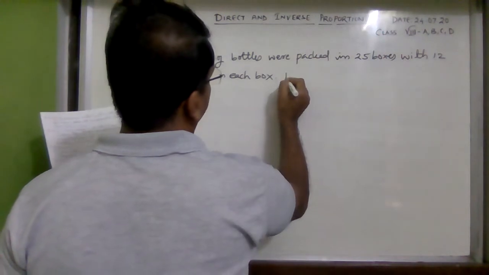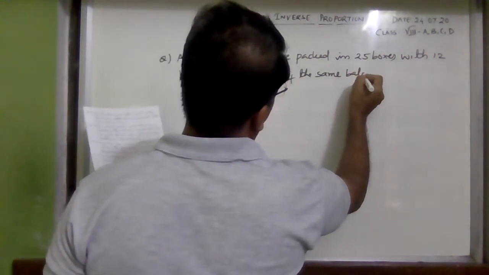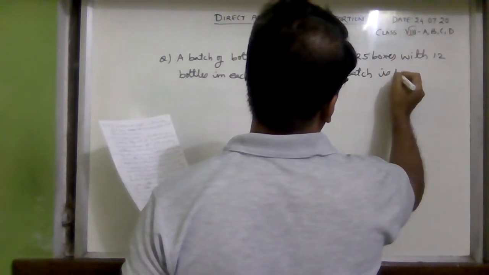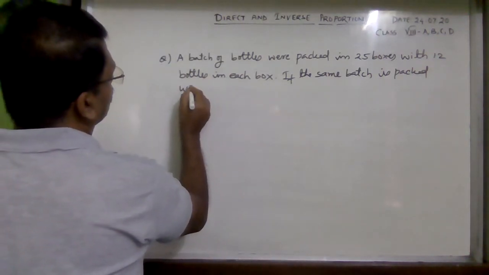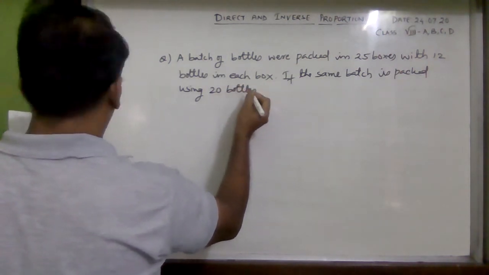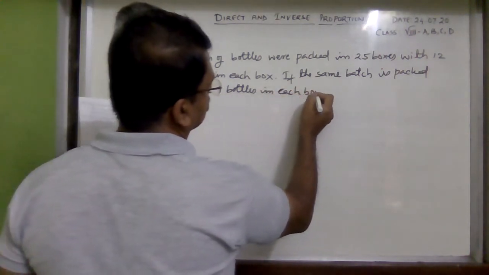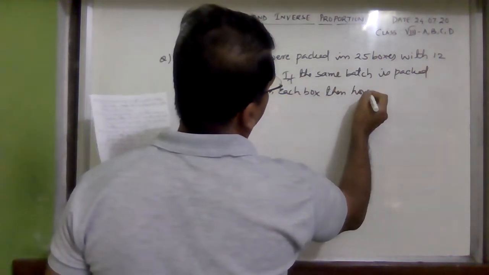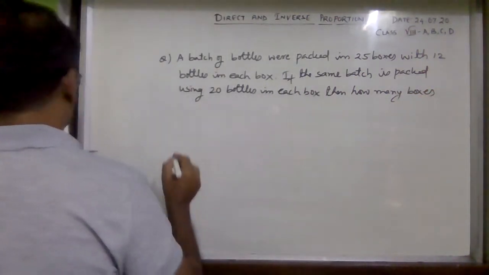If the same batch is packed using 20 bottles in each box, then how many boxes would be filled?